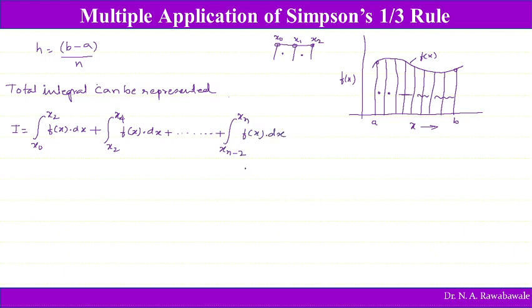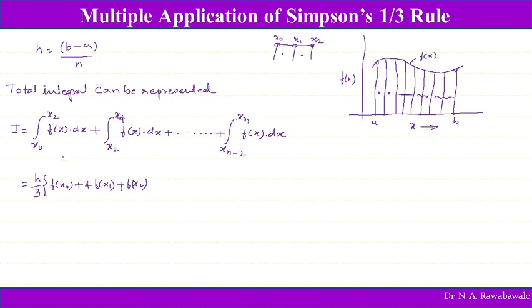Now this can be written using Simpson's 1/3 rule as h by 3 times f of x0 plus 4 times f of x1 plus f of x2.